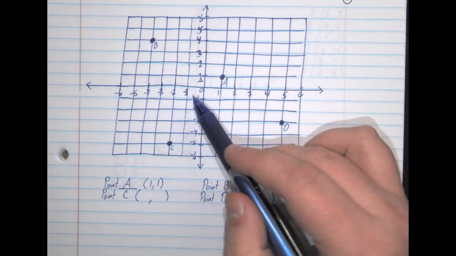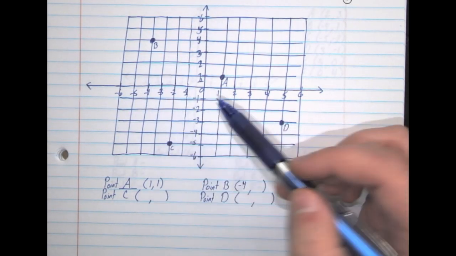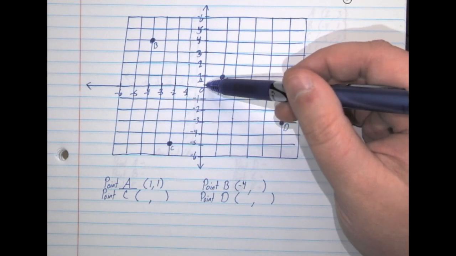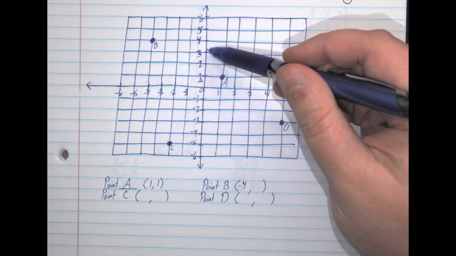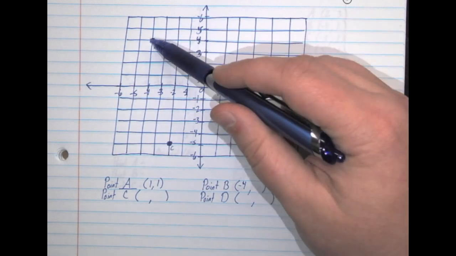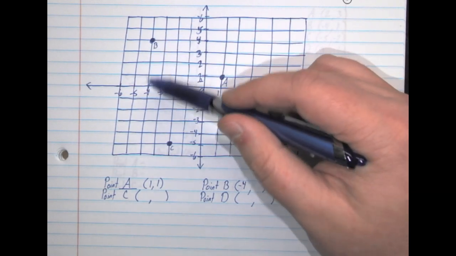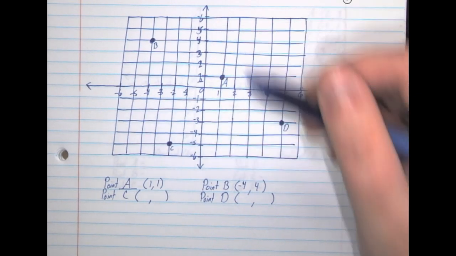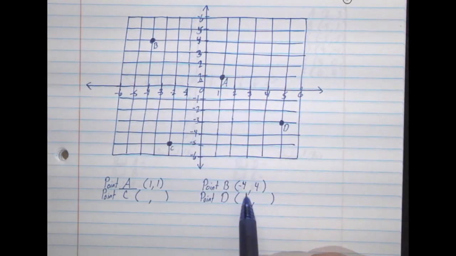Now, we go over -4. And then we're going to start on our y-axis. Start at 0, up, and we get to 4. So it lies at coordinate -4, 4. Because we went up on our y, that's positive. We went to the left on our x, that's a negative.